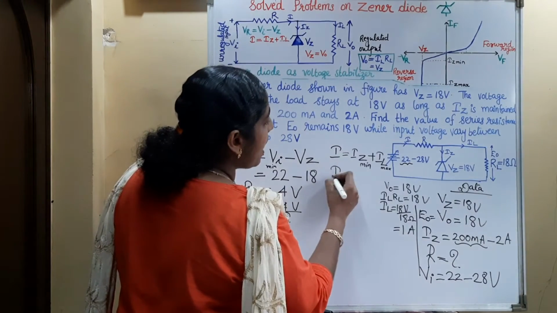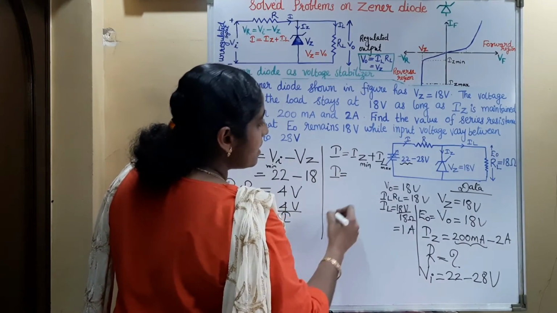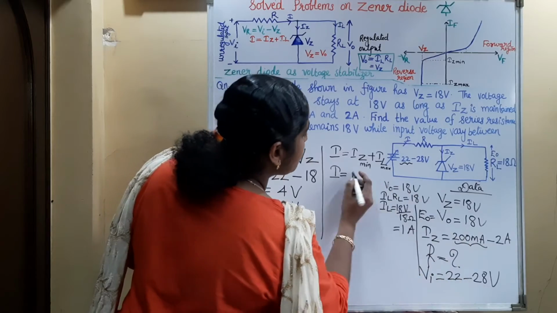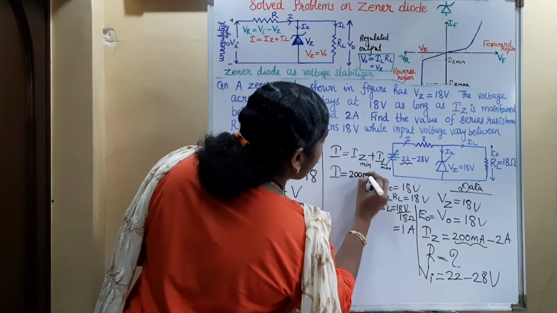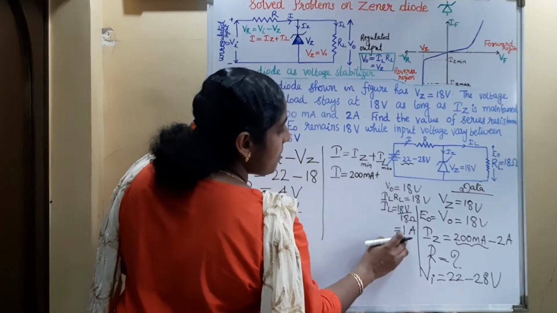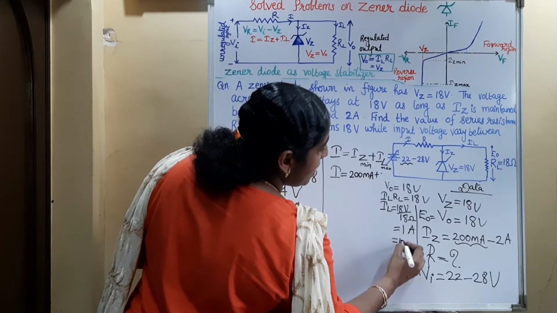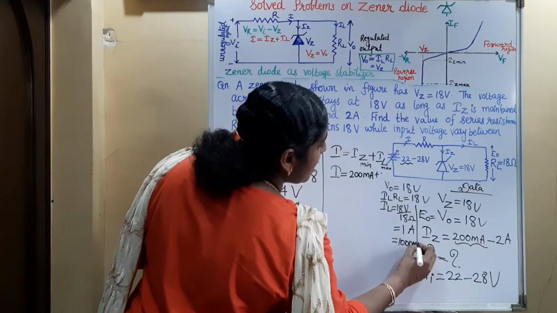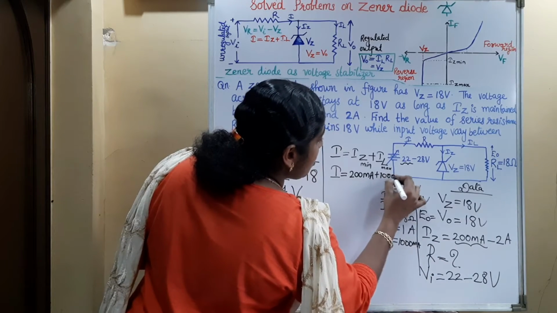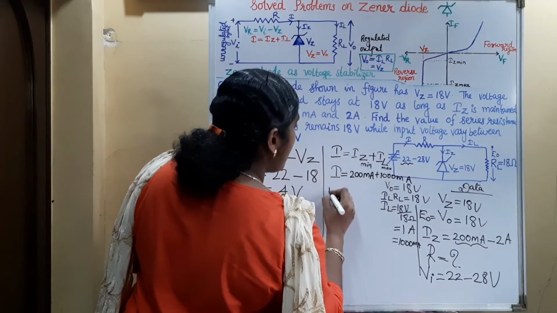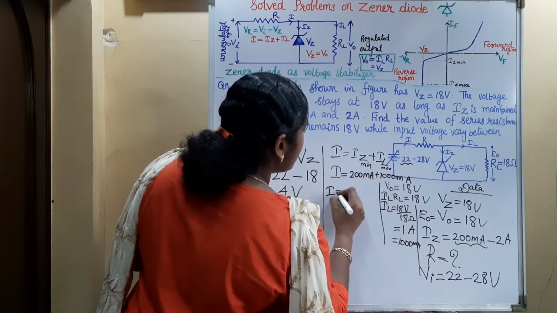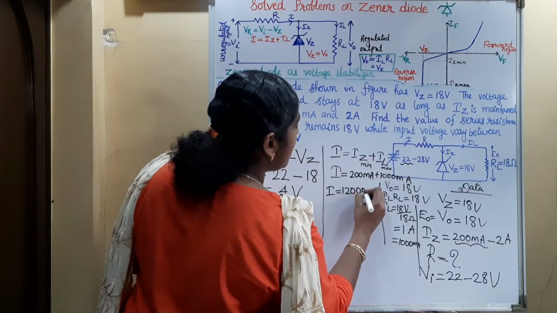So this current I is equal to Iz minimum, that is 200 milliampere, plus this IL maximum, that is 1 ampere. If you are writing it in milliampere, that is 1000 milliampere. So what is the total current? That is I equal to 1200 milliampere.